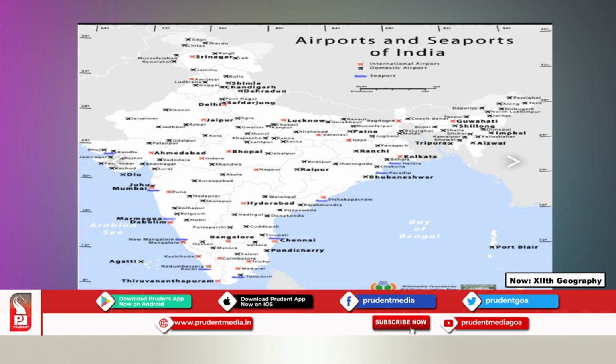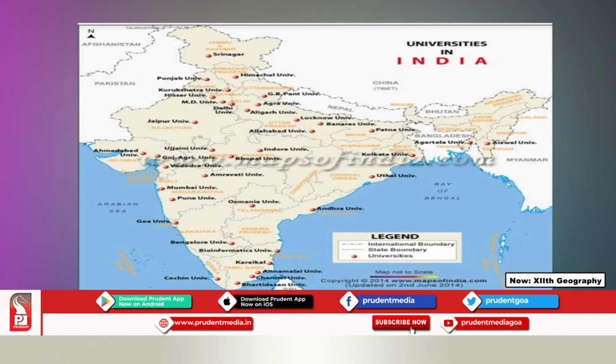Then you can think of the ports, important ports here. Then educational towns, some of the well-known universities. You can see Aligarh University, Allahabad University, Patna University, then Mumbai, Pune University, Jaipur University. So these are some examples of that.